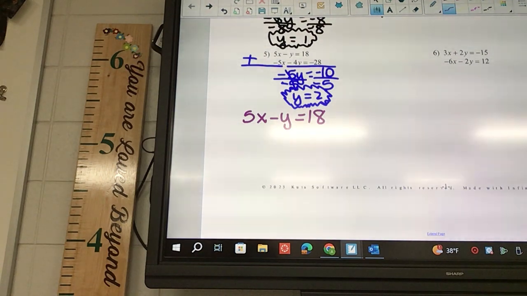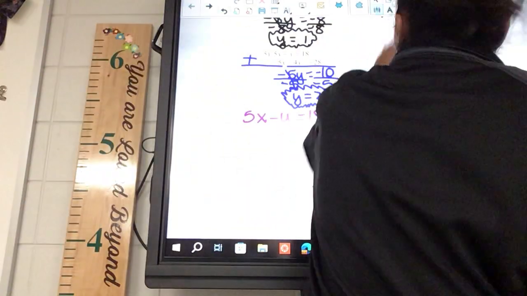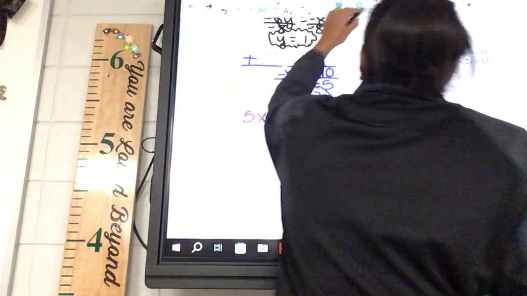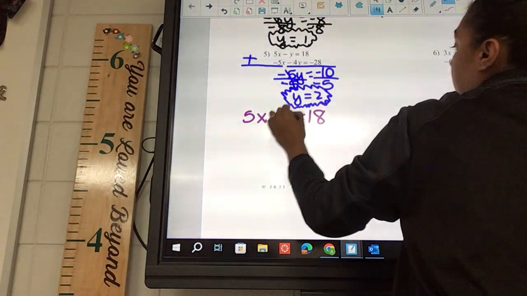Which one have we solved for, the x or the y? We've solved for the y already. So where the y is at, we're going to erase and put what instead? 2. Good. So we're going to erase and put the 2 there instead.